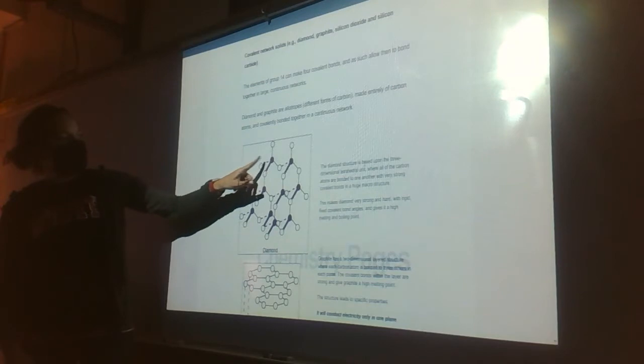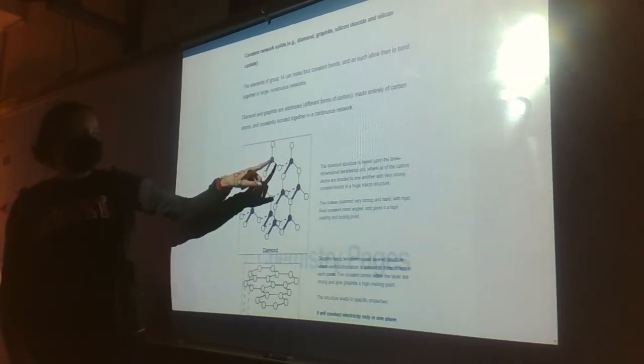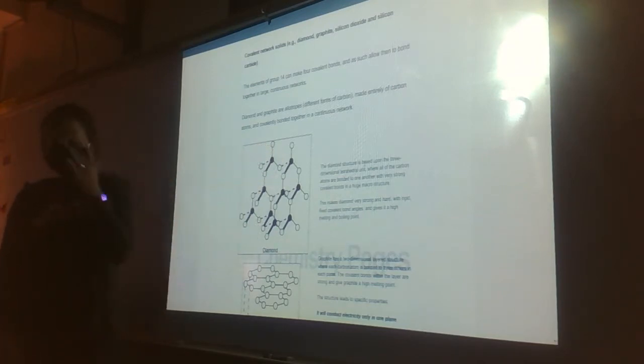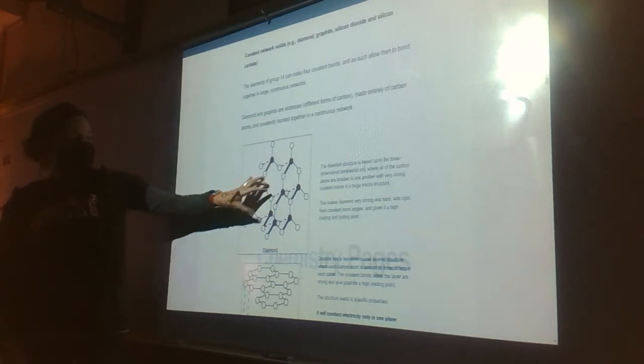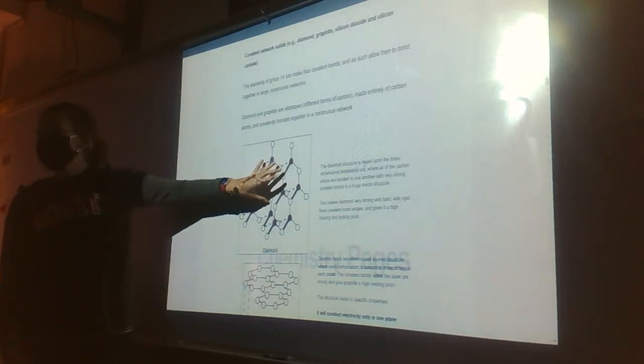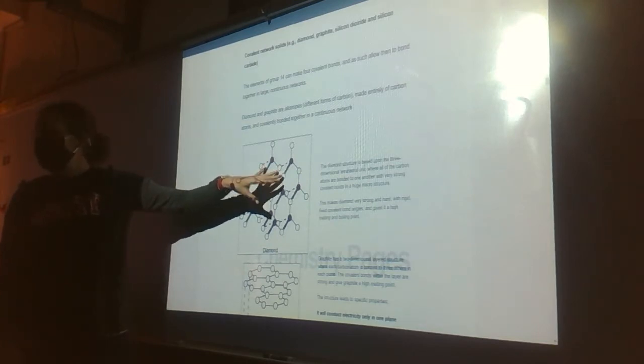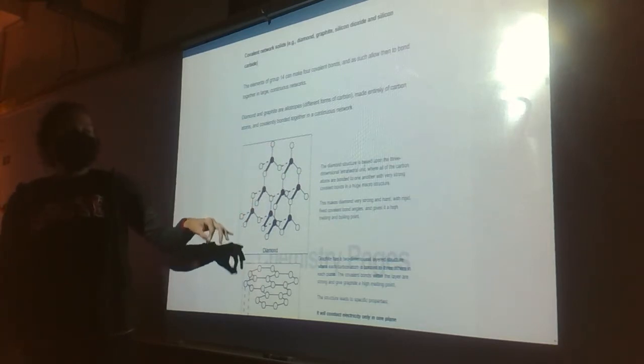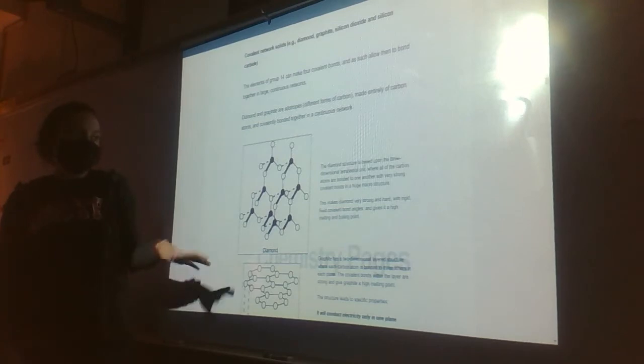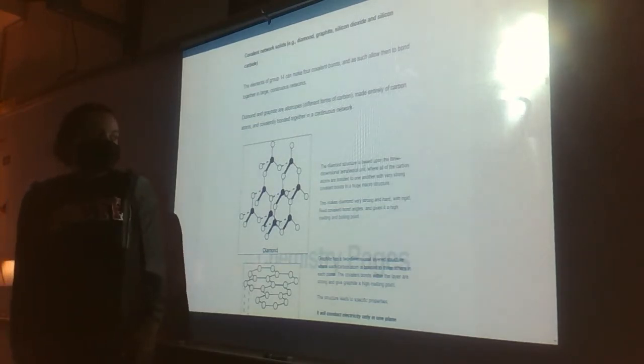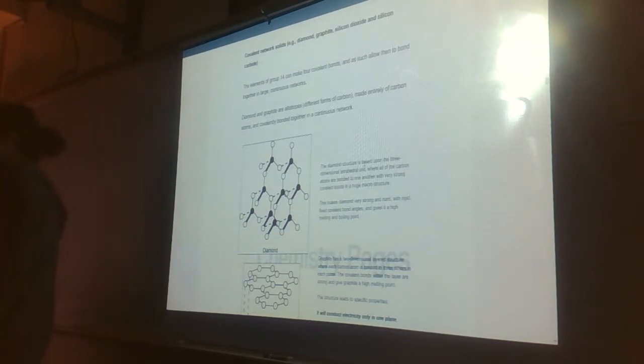Carbon to carbon, carbon to carbon, carbon to carbon, carbon to carbon, over and over again. This one, with this structure that's 3-dimensional, this is diamond. And it's that over and over structure that makes diamonds so strong. They're rigid, and they have high melting and boiling points.